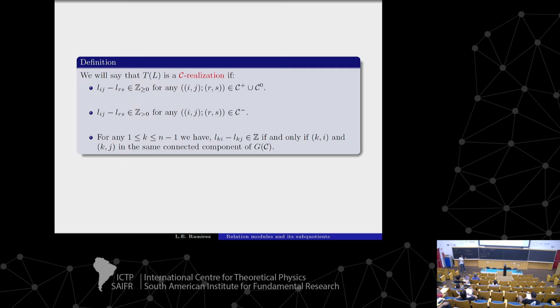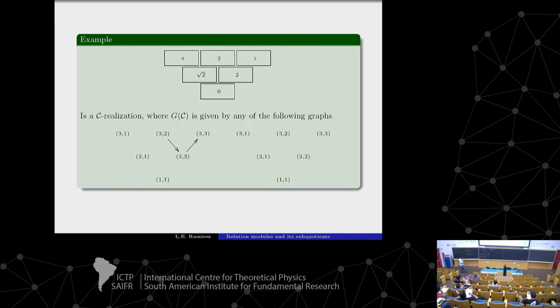So this kind of condition is better in order to at least guarantee that you don't have these singularities or these equalities inside the basis. Okay, so this is an example. So I just change 2 by square root of 2. And this is an example of a Tableau that is a serialization for this set of relations and also for this one.